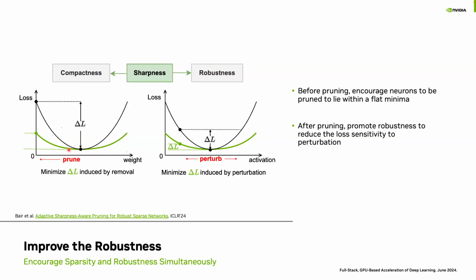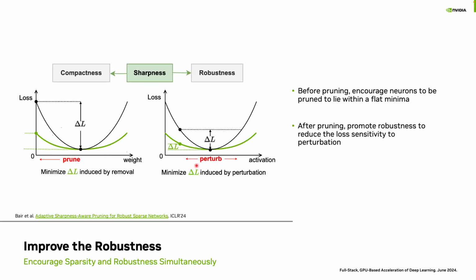So the perturbation of the loss will be calculated like here in the figure. So when we make the weights go to a flatter minimum, then the perturbation of the loss induced by the pruning will be reduced. So those parameters will be easier to get pruned.